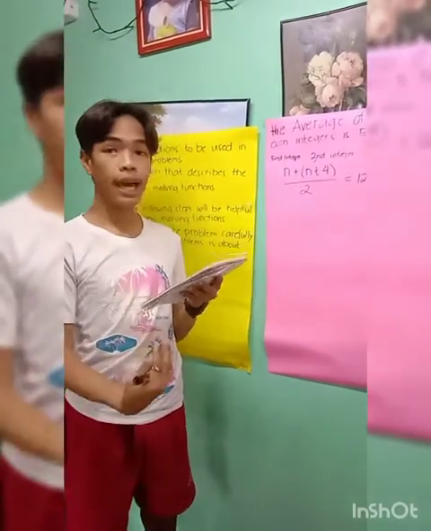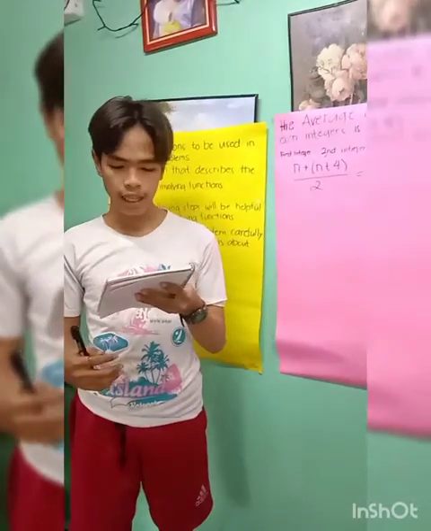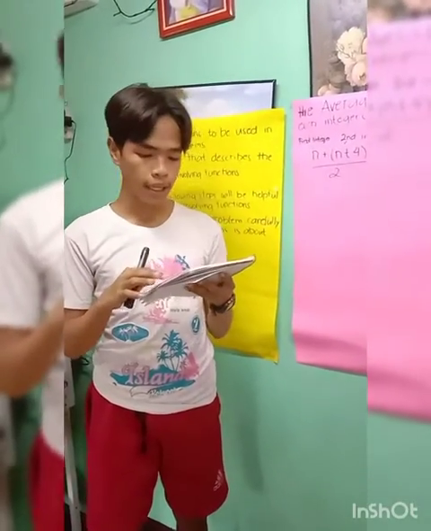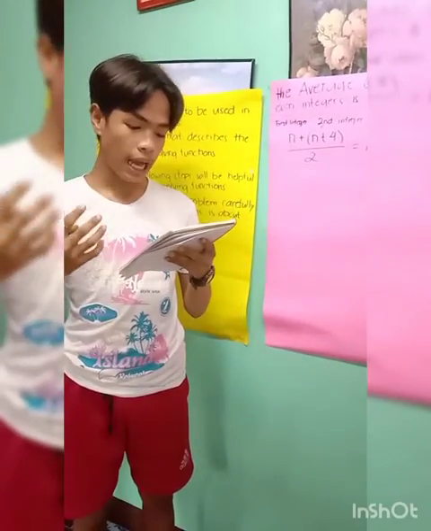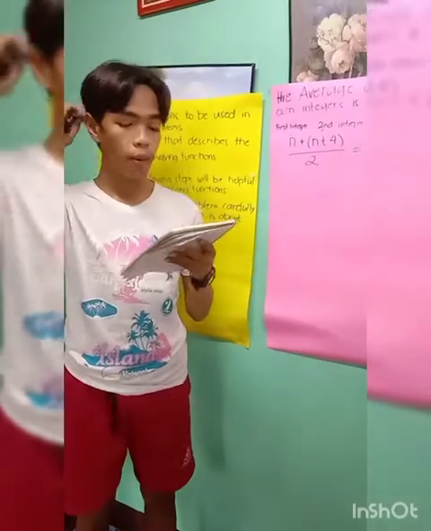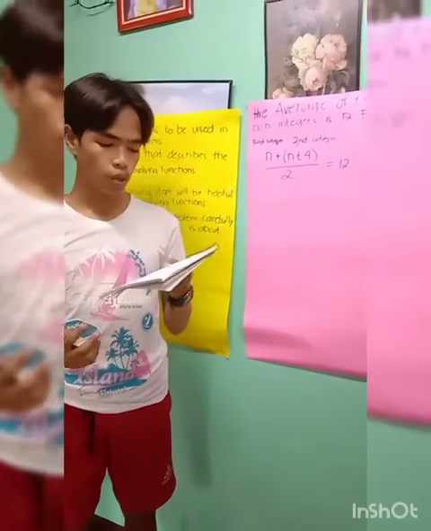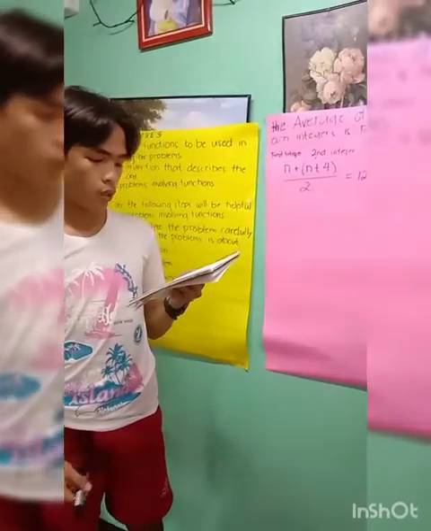To make solving easier, we can simplify the left side of our equation by thinking of the common factor, which is 2. 2 divided by 2 is 1, and that is n plus 2 is equal to 12.